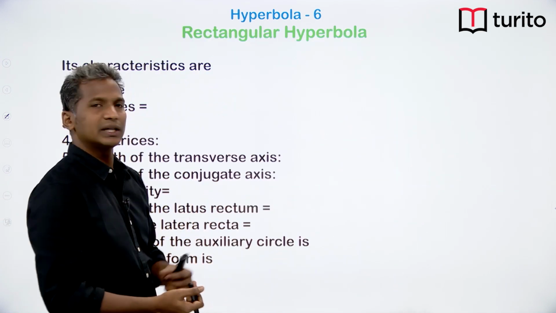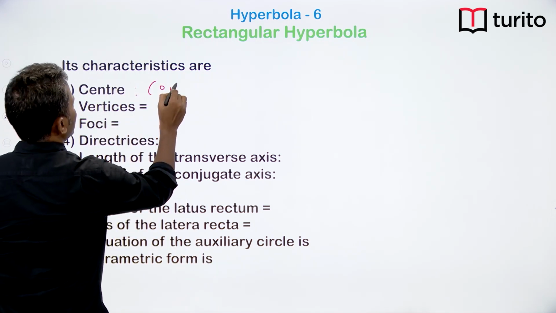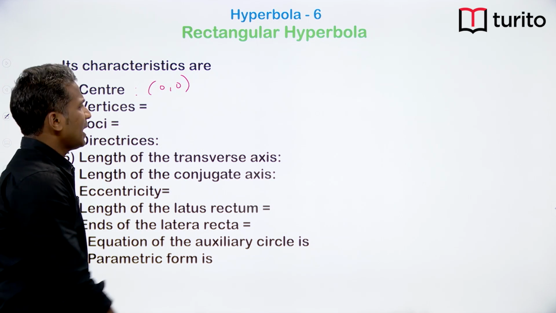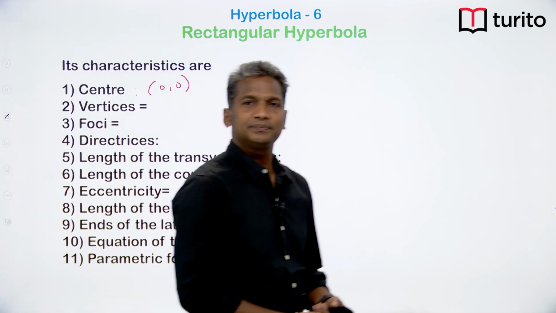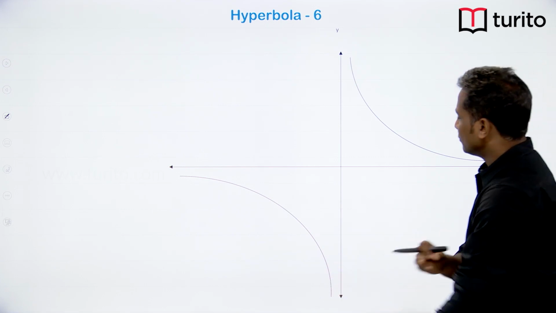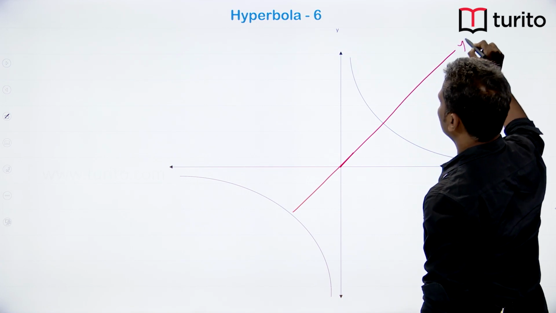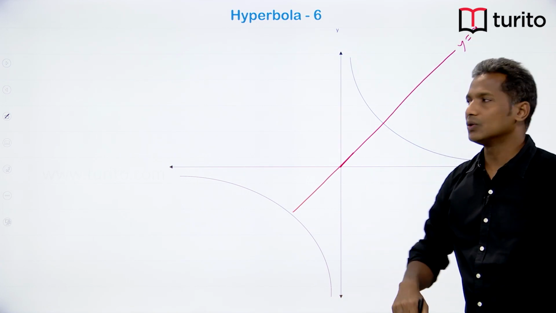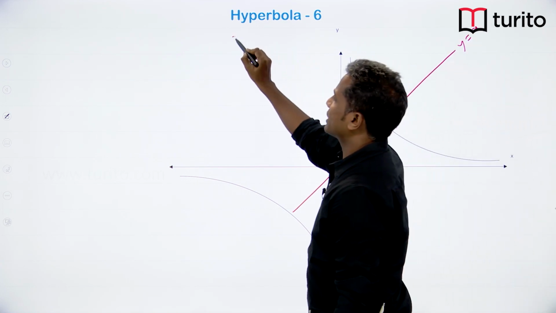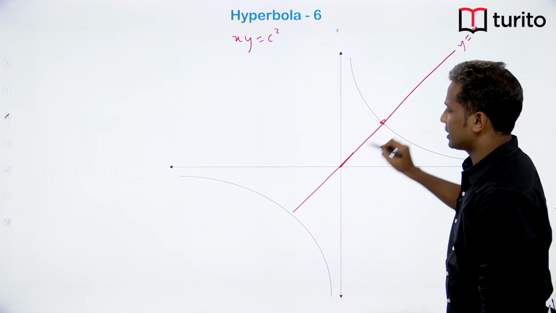Now, using these ideas you can generate all characteristics of this curve. Okay. So, let us generate all characteristics. Center is going to be the origin, and how do we find vertices? Let us look at this diagram. Now, we have observed that the transverse axis is going to be basically the y equal to x line. So, if I solve xy equal to c square with this line, I am going to get the vertices.